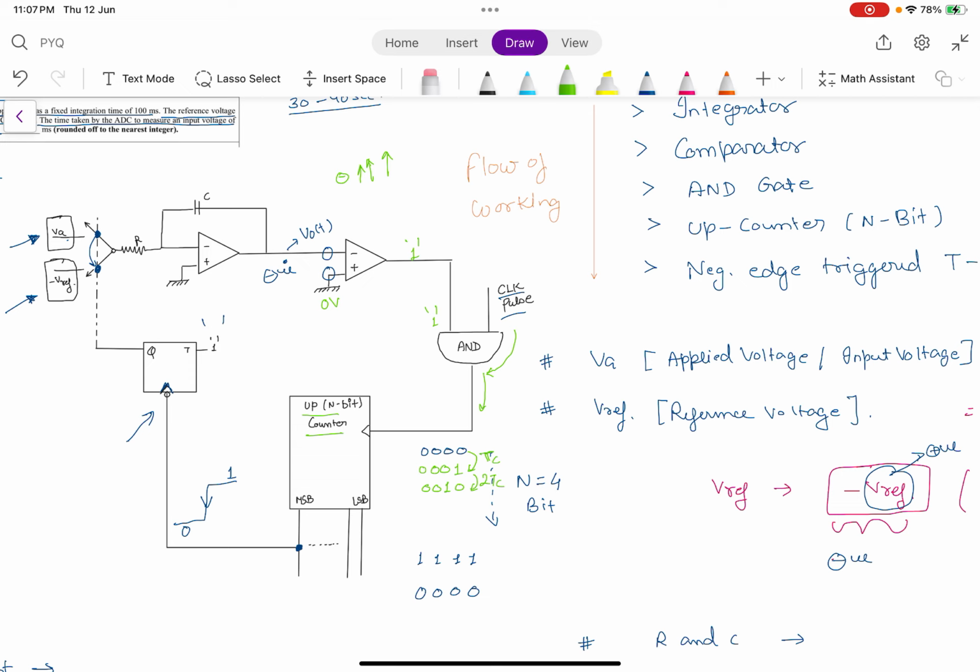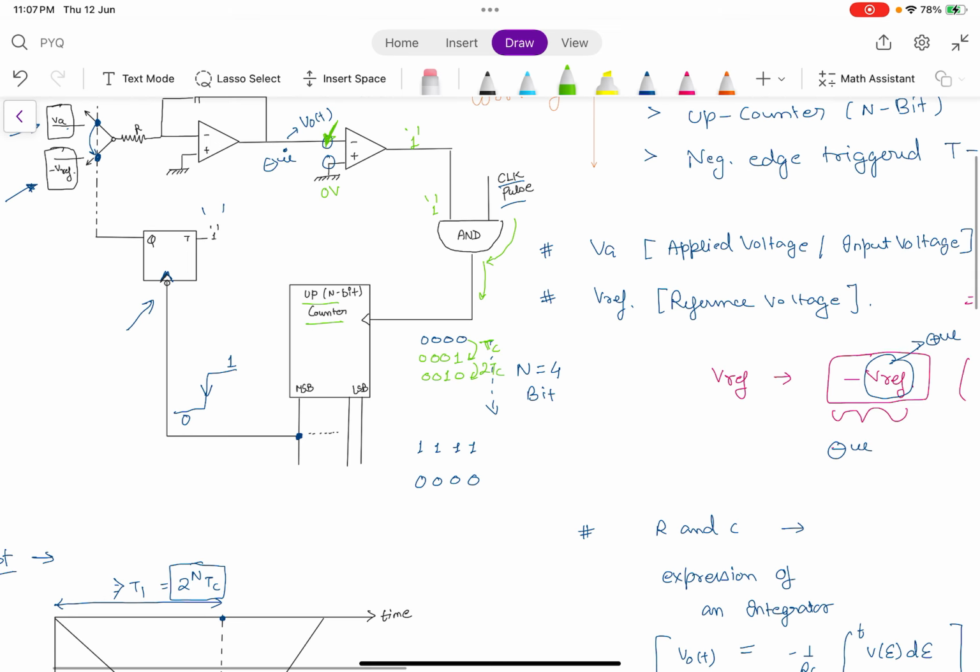So, for example, minus 2 goes to minus 3, then minus 4, and so on. So this is going to be negative all the time, and the output voltage will be 1 because non-inverting is greater than inverting.